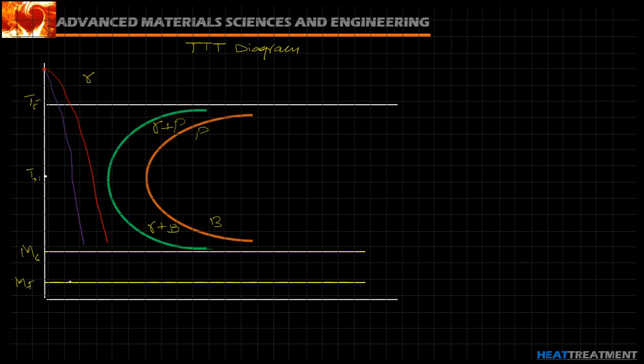Now what is happening here? Instead of further cooling the temperature of austenite to transform into martensite, if we hold this temperature here instead of lowering it further to cross the start of the martensite, and we keep holding this temperature, and the same for the outer layer of the component, that is again held at the very same temperature and kept holding for some time.